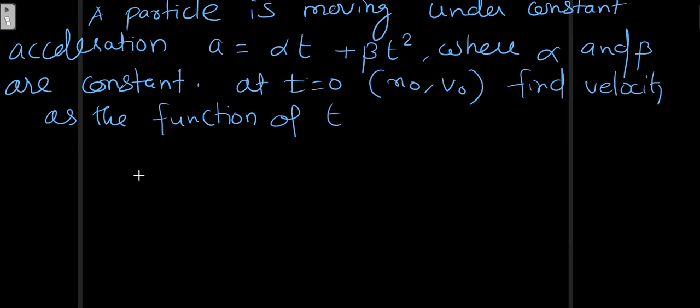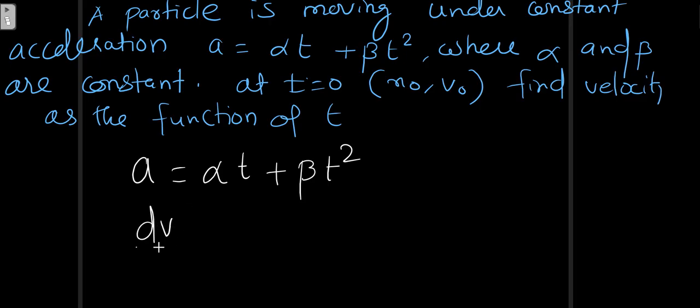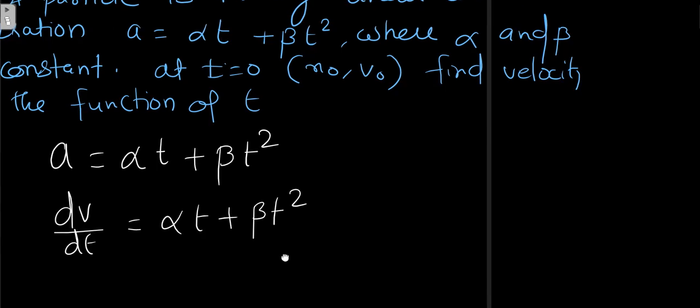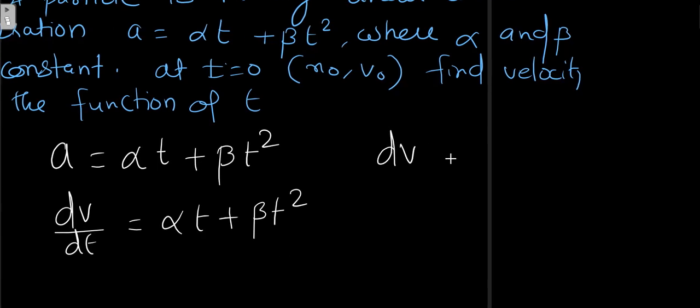So a equal to alpha t plus beta t square. Clearly we can write a in differential form: dv by dt equals alpha t plus beta t square. Then we can rewrite as dv equals alpha t plus beta t square, times dt.